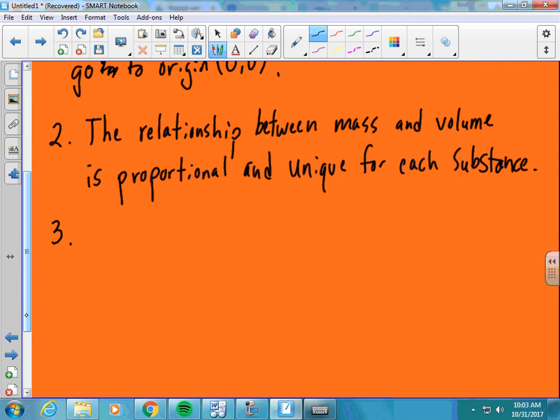So the third key takeaway is that the spacing between particles matters. How much space is between particles?